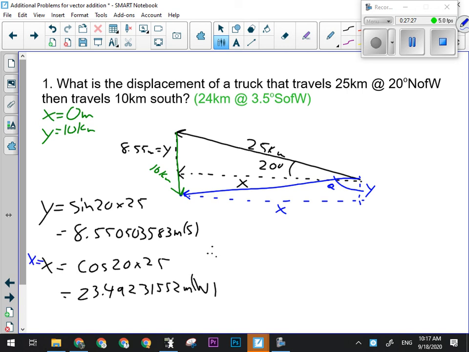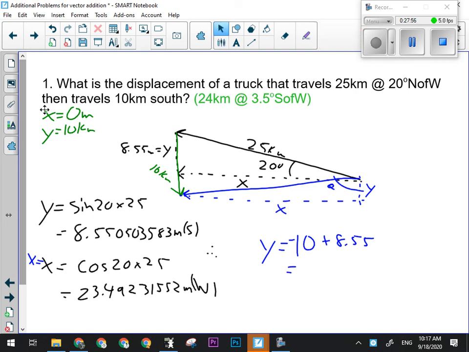For my y, I'm going to have to do a little bit of calculating here. I've got a 10 kilometer south vector and an 8.55 north vector. So blue y is going to equal negative 10 kilometers plus 8.55 kilometers.